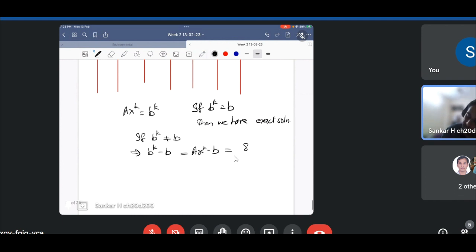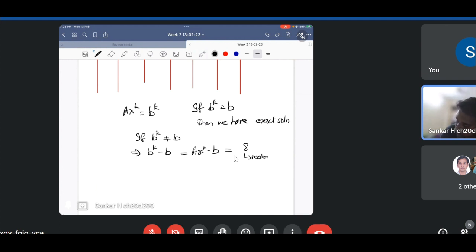Now, there are various methods to measure this residual. A into xk will be a column vector, and b is also a column vector. So there are multiple ways to quantify this vector.